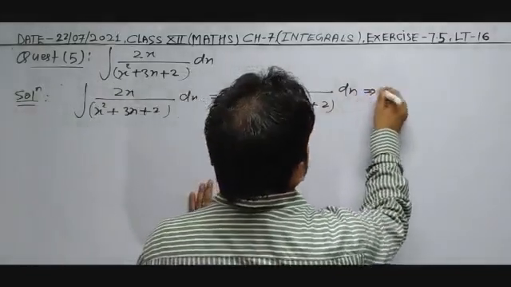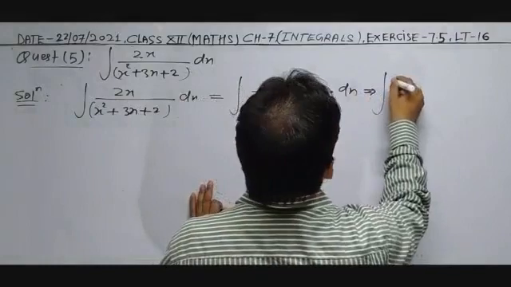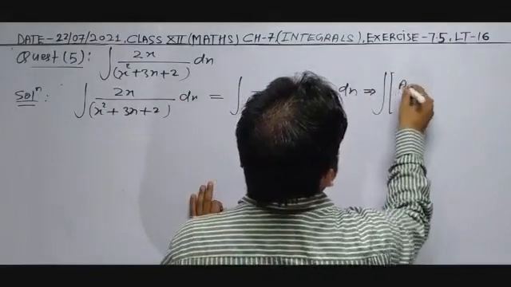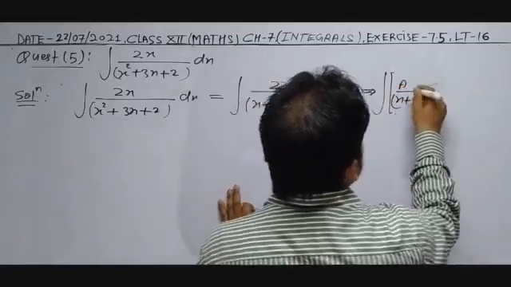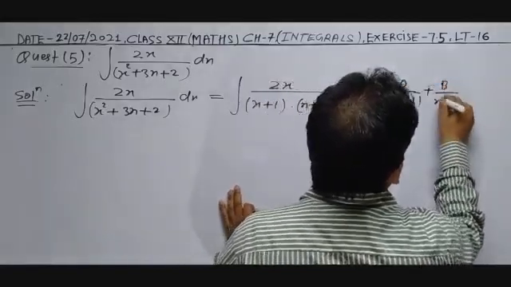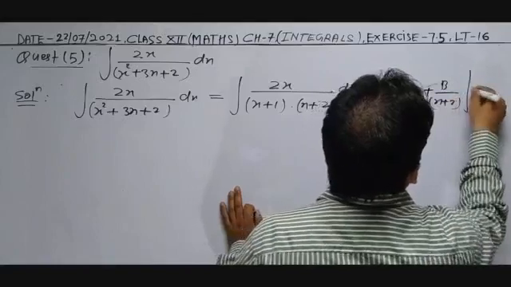These steps we can write as integration over, suppose, a upon x plus 1 dx plus b upon x plus 2 dx.